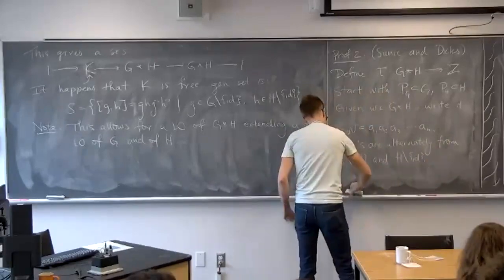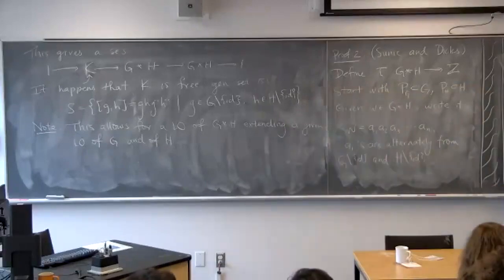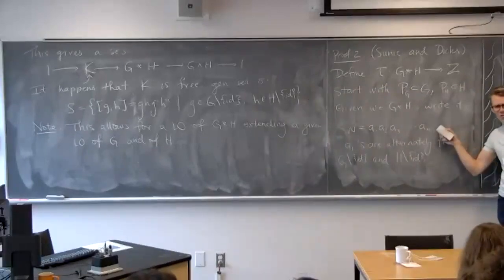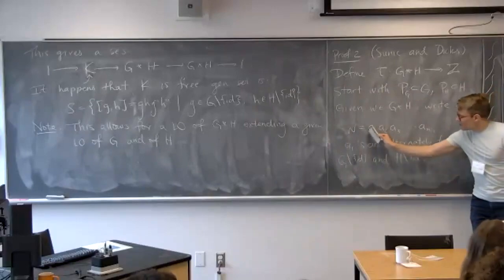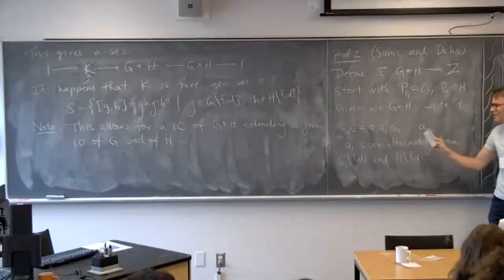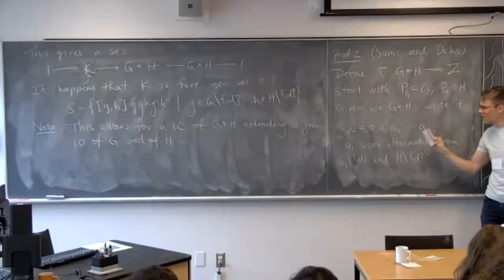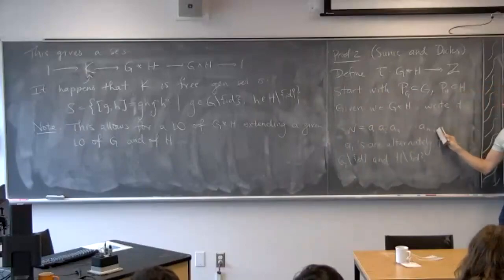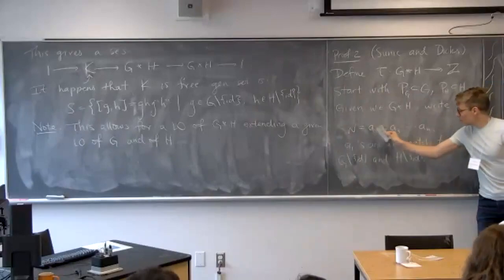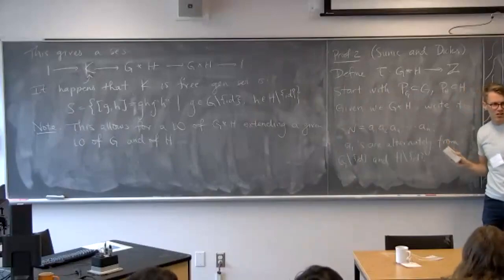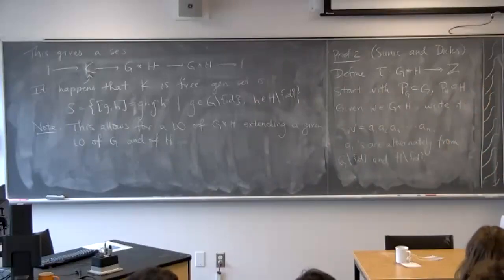Now, there are three cases I want to consider. This could start with something in G and end with something in H, or it could start with something in H and end with something in G, or it could start and end in the same group, right? This could be in G, this could be in G, this could be in H, this could be in H. I want to say what to do in each of those cases in order to build this tau.